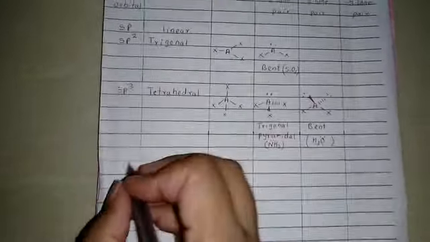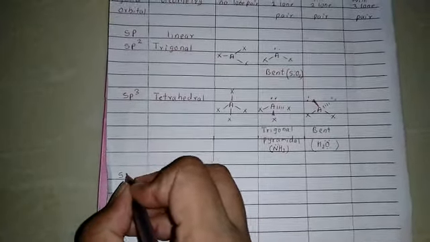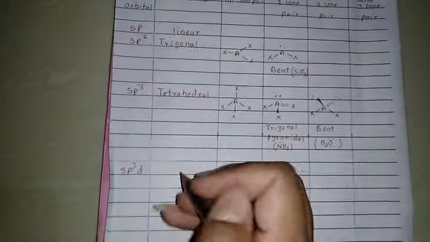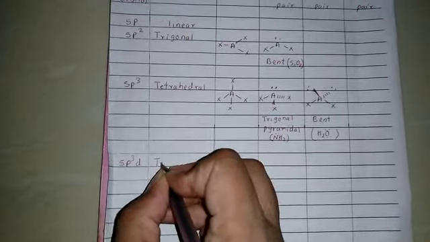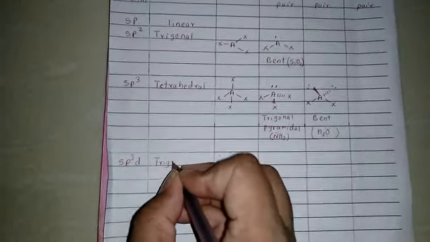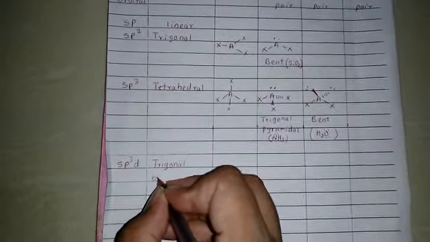Guys, next we will study sp3d. Without a lone pair, it is trigonal bipyramidal.